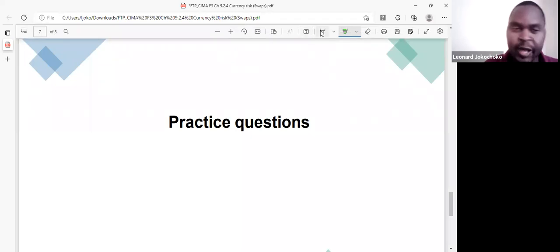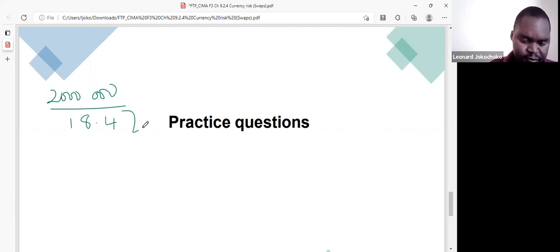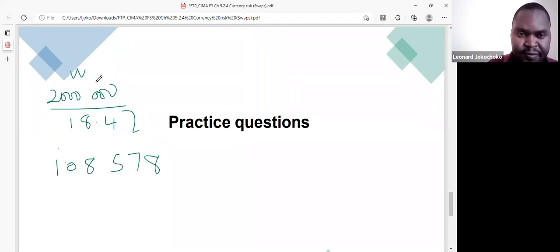We know that without the swap, they had 2 million rand, and they changed it at 18 Rand 42. It means that they got 108,578. This is without the swap.